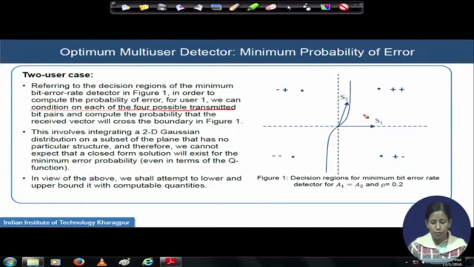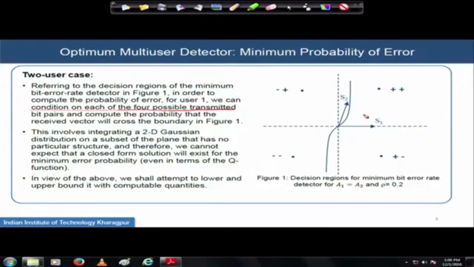So, what will we do? If you do not have a closed form expression, some numerical solutions are available for that expression.